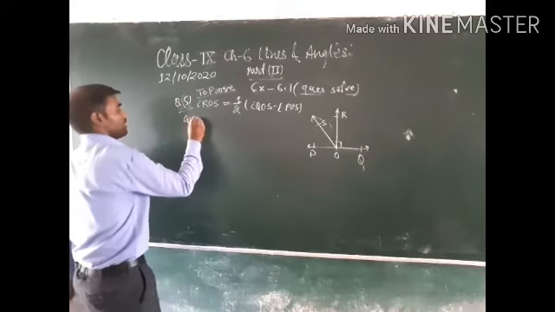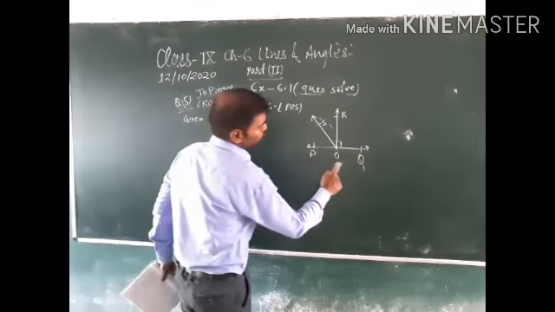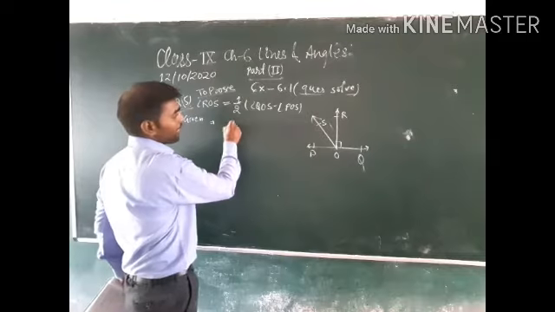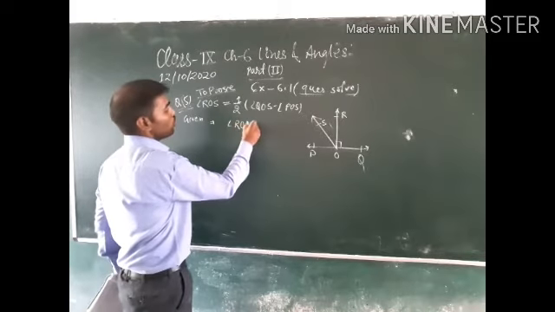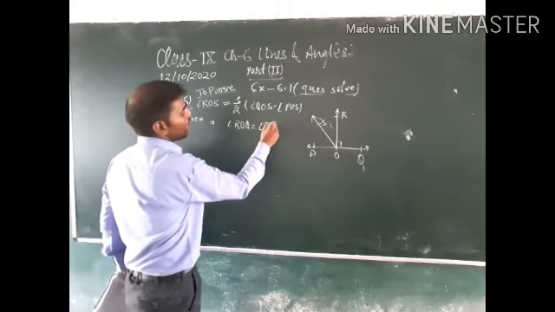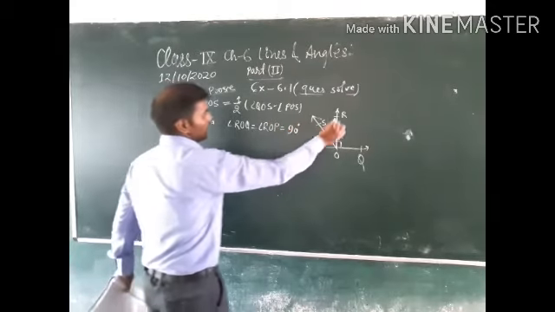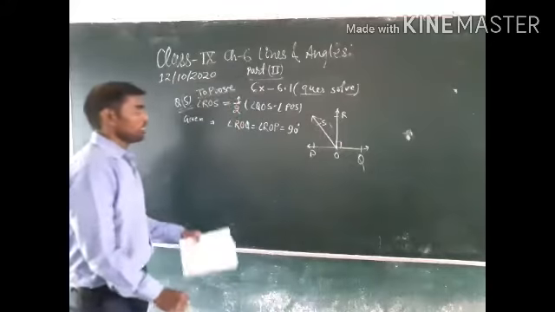Given: POQ is a line and OR is perpendicular. It means angle ROQ is equal to angle ROP is equal to 90 degrees, because OR is perpendicular.